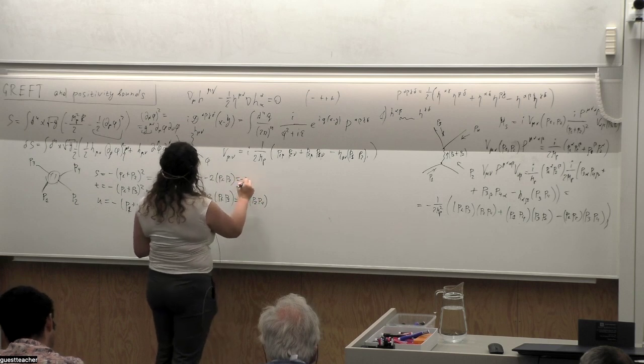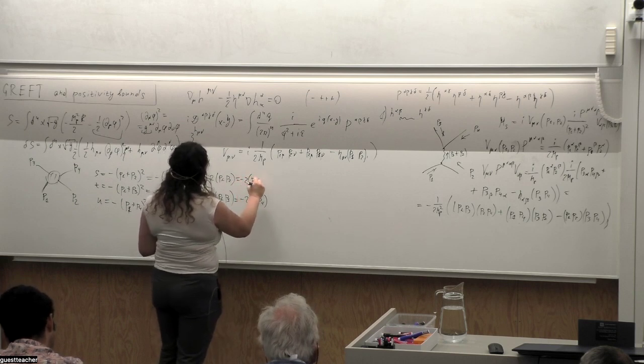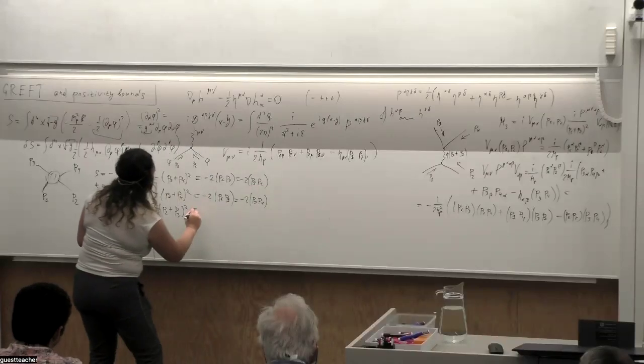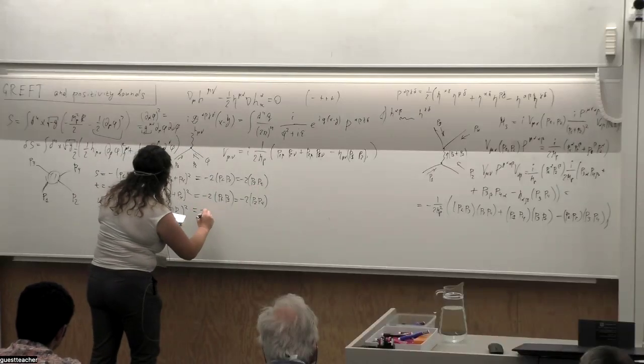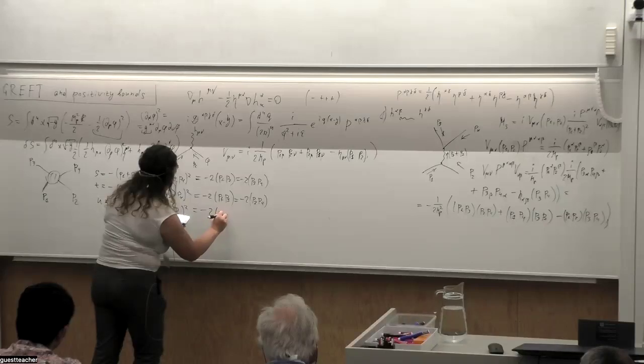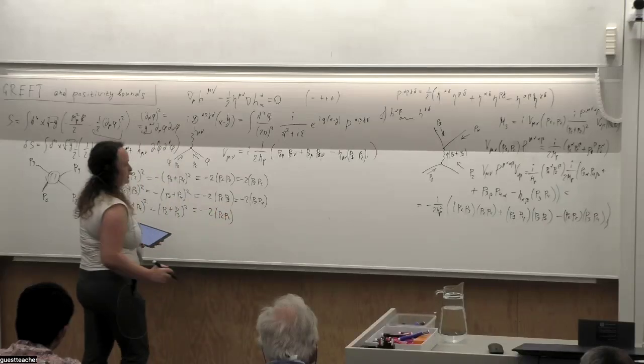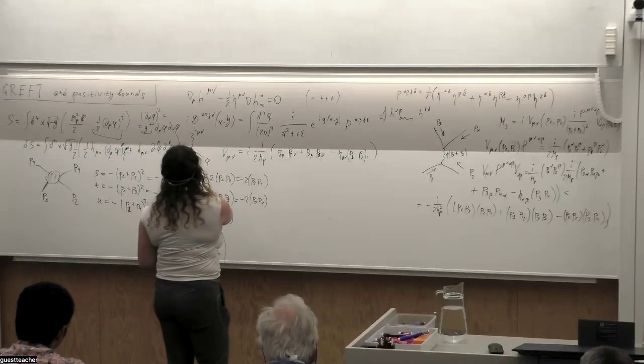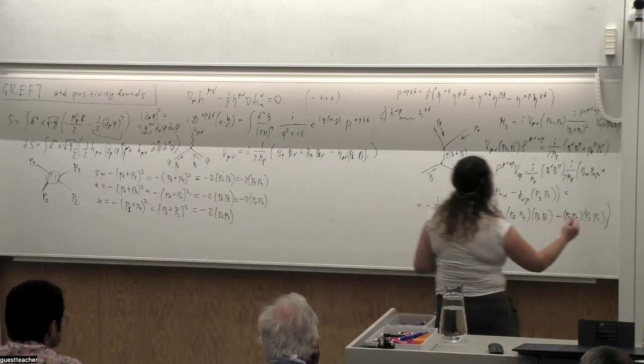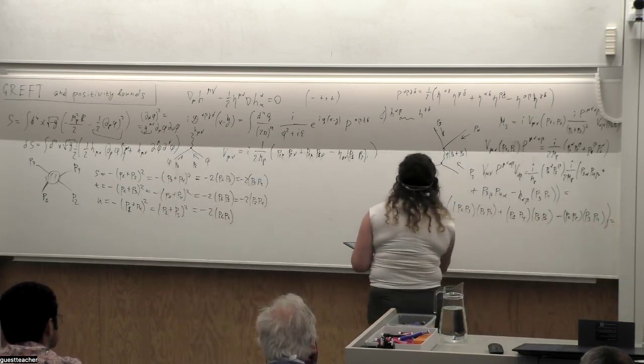This is minus 2 P3 P4, and U is minus 2 P1 P4. So then I can simply substitute this knowledge into the final amplitude and get minus 1 over 2 Mp squared.